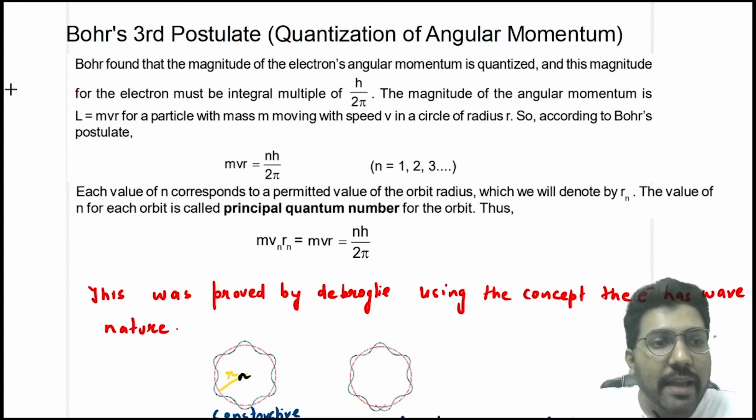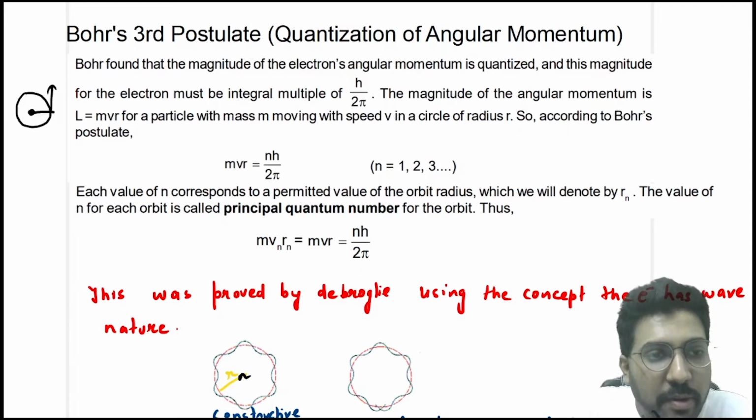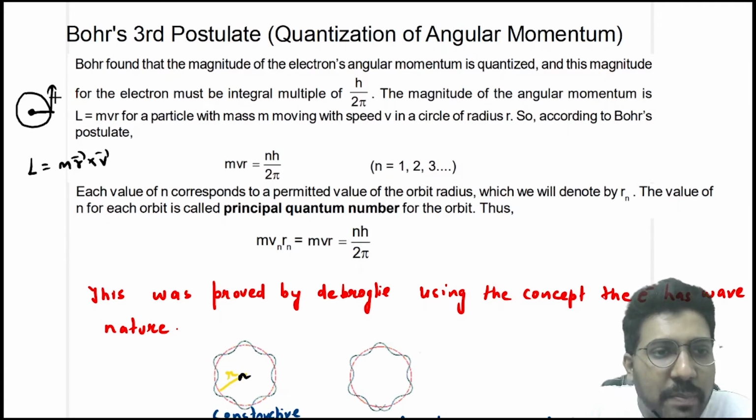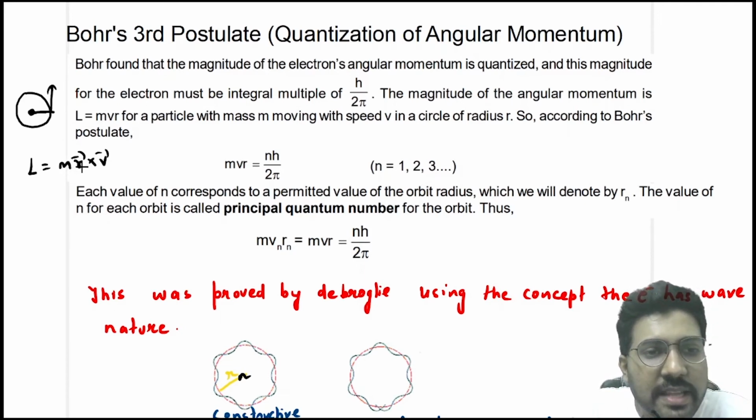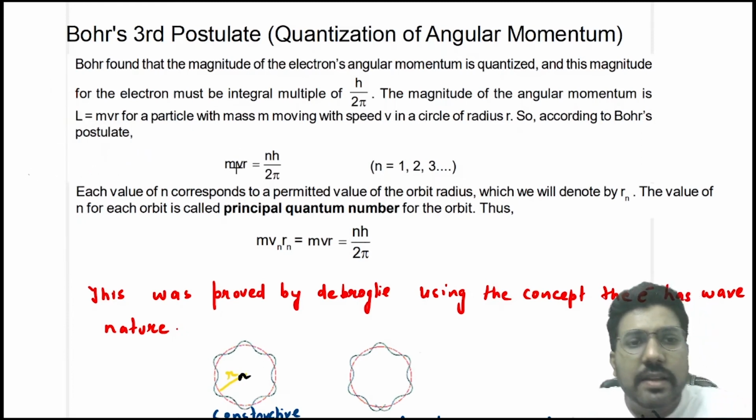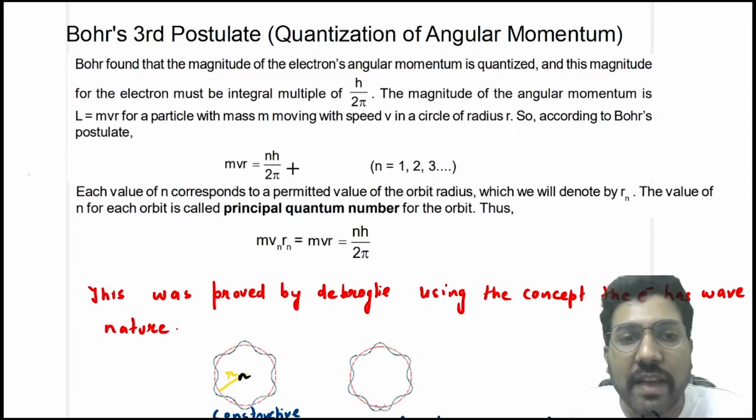The angular momentum of an electron about the center is mr cross v. Now r and v are perpendicular to each other, so it can be written as mvr. So the angular momentum mvr of an electron is equal to nh upon 2 pi. This is Bohr's third postulate, the quantization of angular momentum.